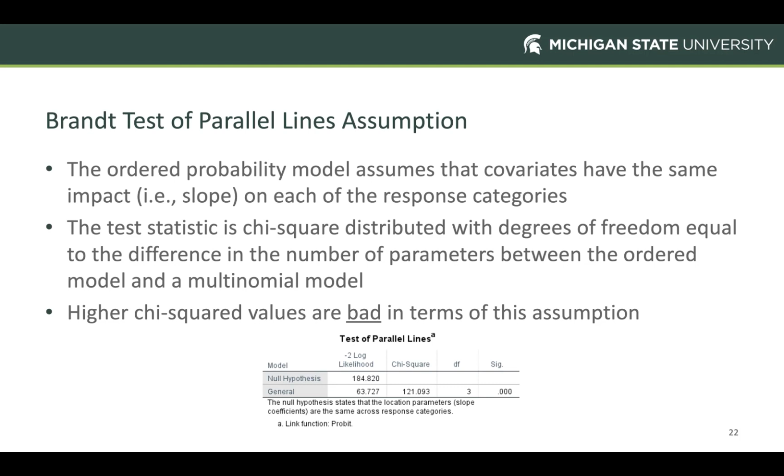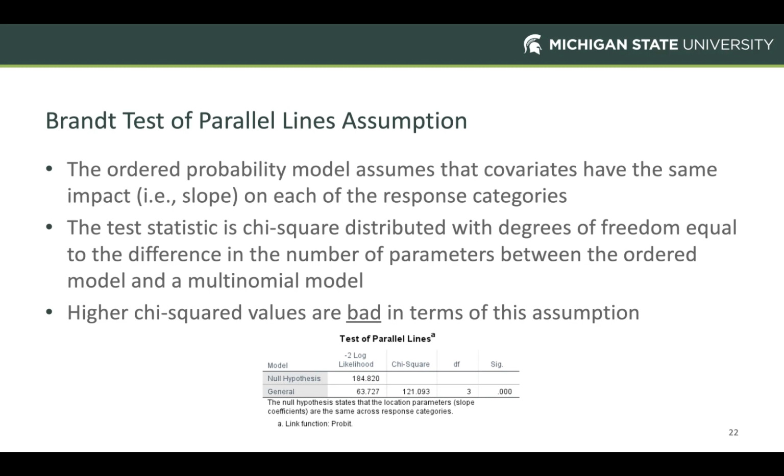Now, in practice, we can evaluate this assumption, and oftentimes we may find that it doesn't exactly hold, in which case that would provide some evidence that maybe we should consider a multinomial logit or multinomial probit model as alternatives to the ordered probability models.